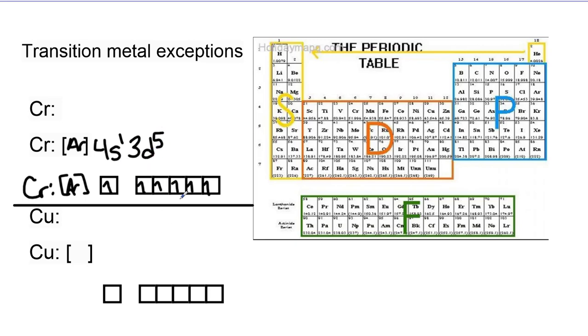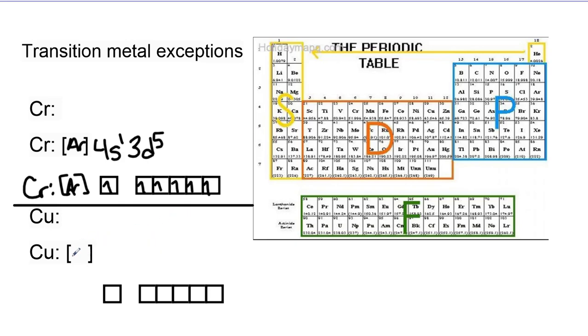So 4s2, 3d4 from this point forward is not a correct configuration for chromium. 4s1, 3d5 is, because this shows that that 1 s electron from 4s jumped up to fill in that empty d orbital in 3d. Technically this is true for any of the elements in the same column as chromium, but the main examples I want you to know are chromium, copper, and I'll show you silver as well.